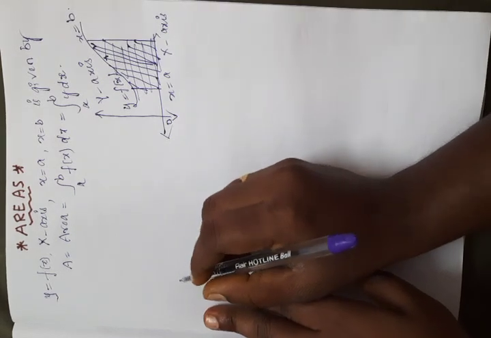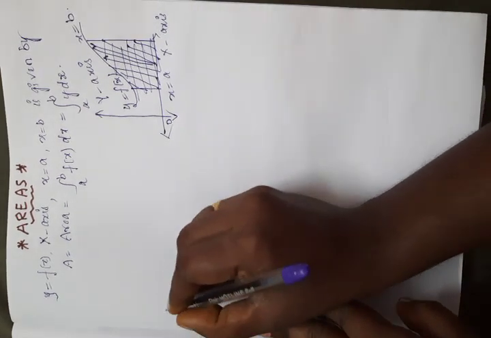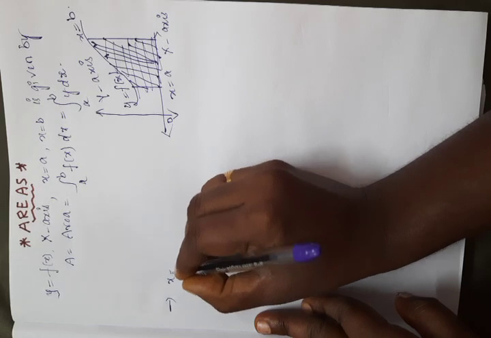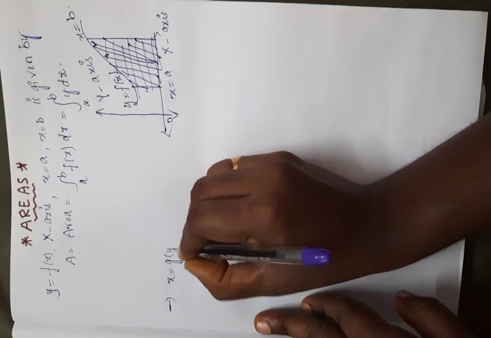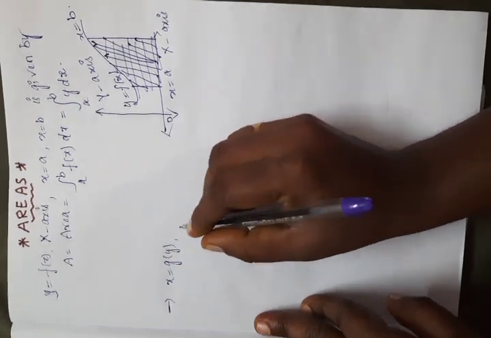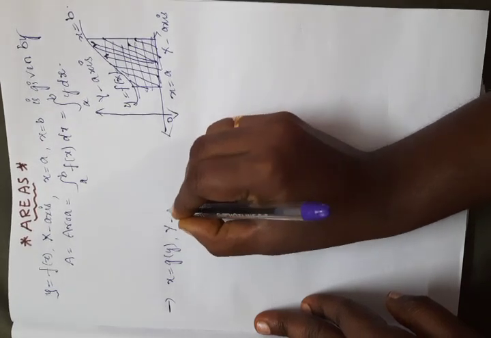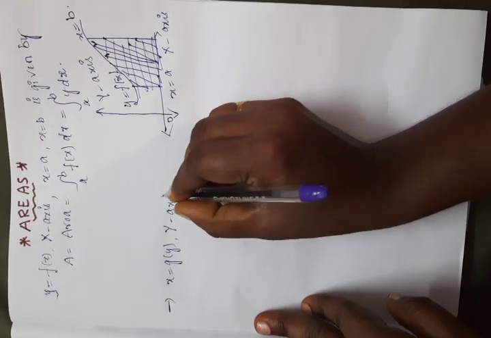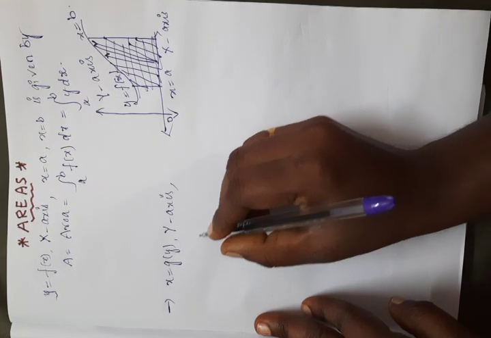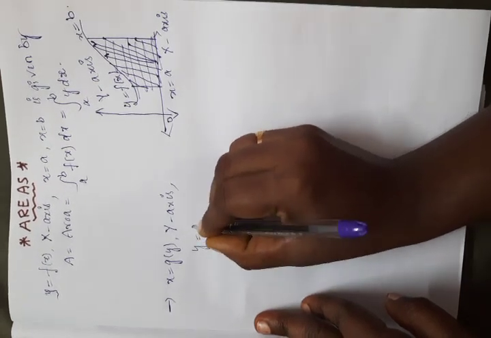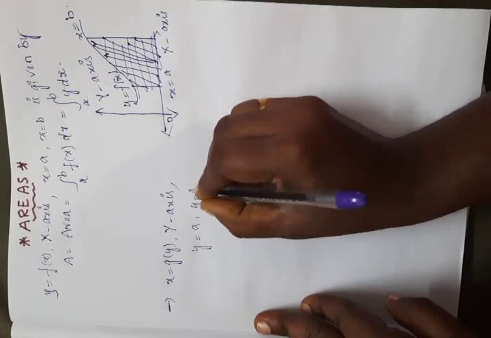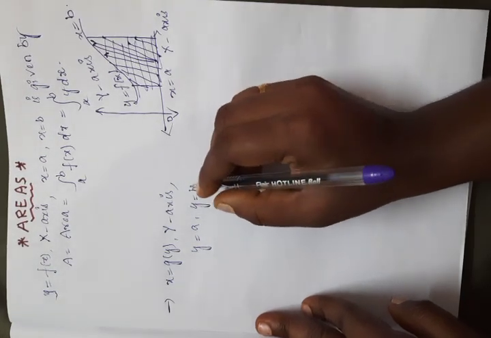Similarly, the area bounded by the curve x equal to g of y and the y-axis and y equal to a, y equal to b ordinates.